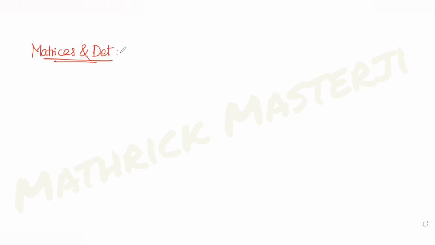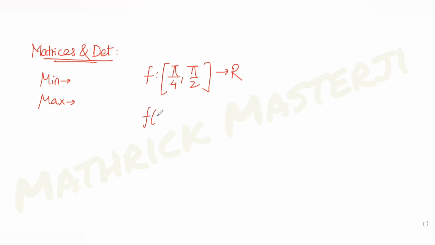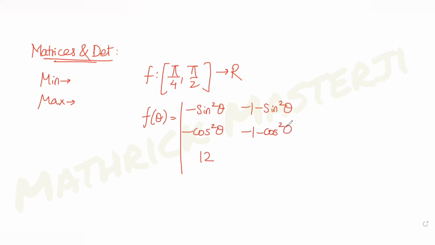The question tells us that if the minimum and the maximum values of the function f, defined on the range π/4 to π/2, belonging to the real numbers R, and defined by f(θ) as the determinant of [−sin²θ, −1−sin²θ, 1; −cos²θ, −1−cos²θ, 1; 12, 10, −2].